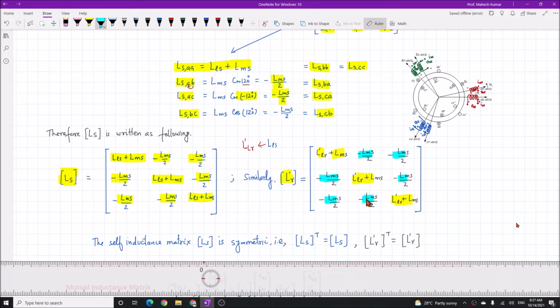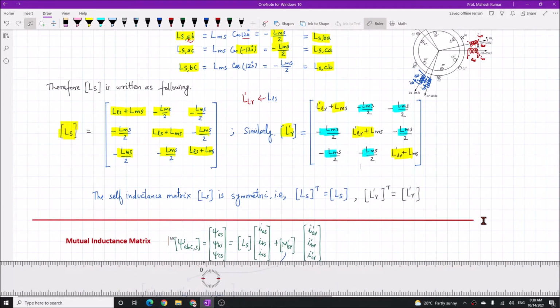That is the cos 120 effect, plus minus 120 effect. Clear? So now we know the nature of the LS and LR dash matrices, and also know that these matrices are symmetrical in nature. So you can say that LS transpose equals LS and LR dash transpose equals LR dash.